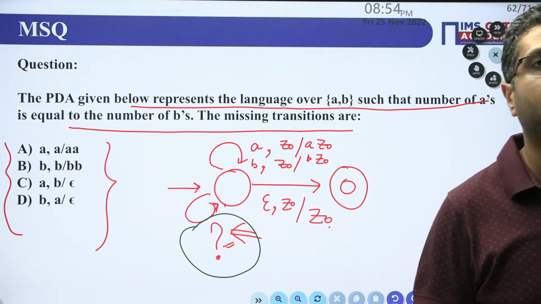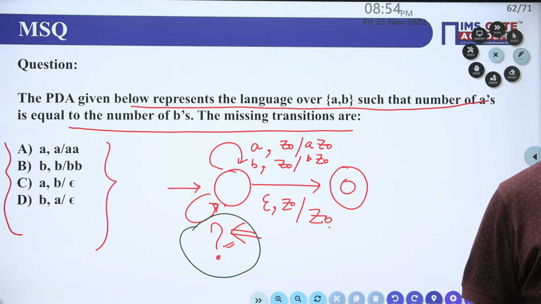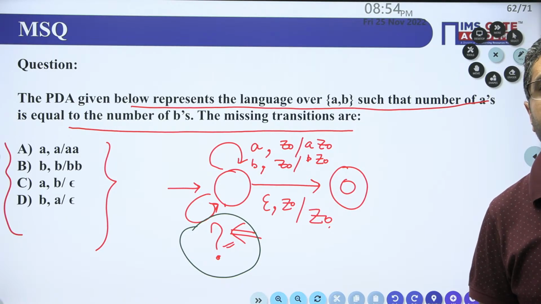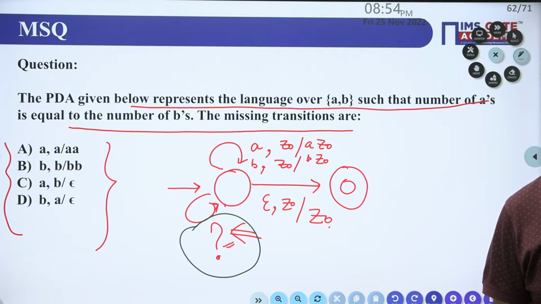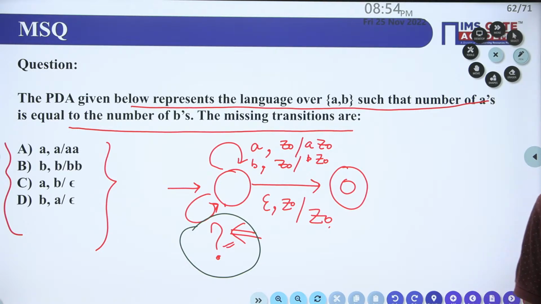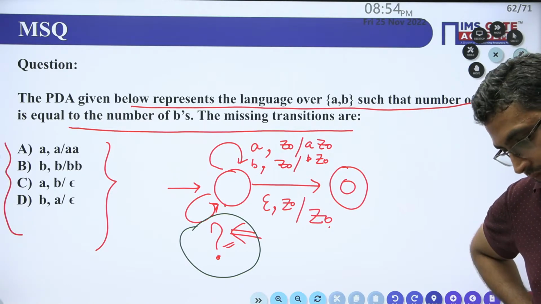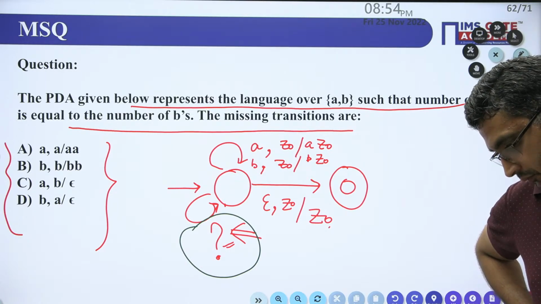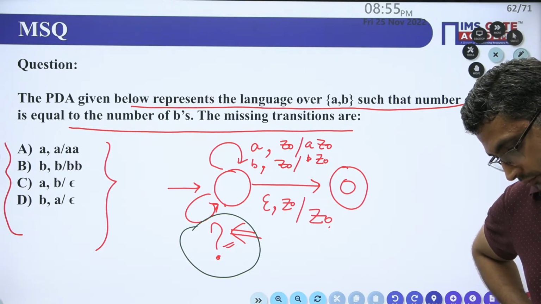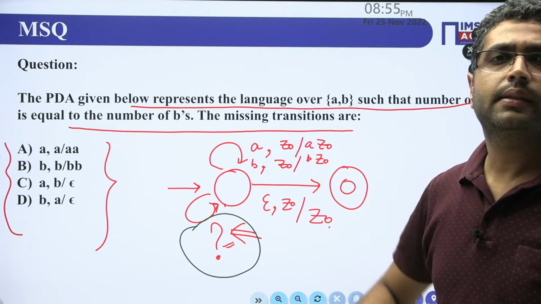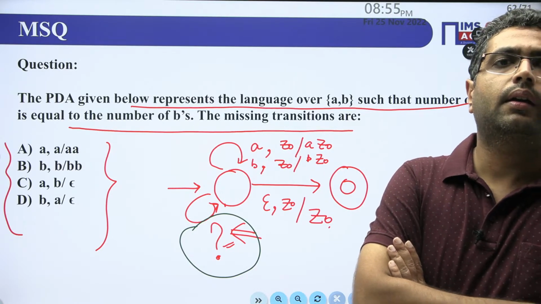Vikram says, sir, DPDA is closed under complement.